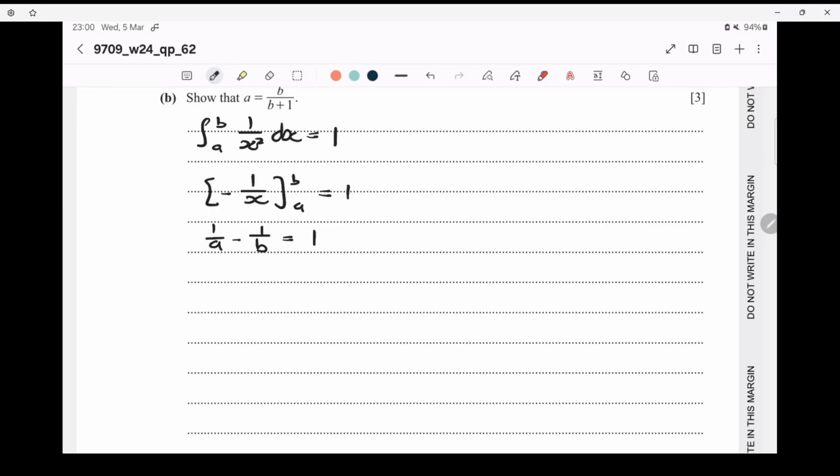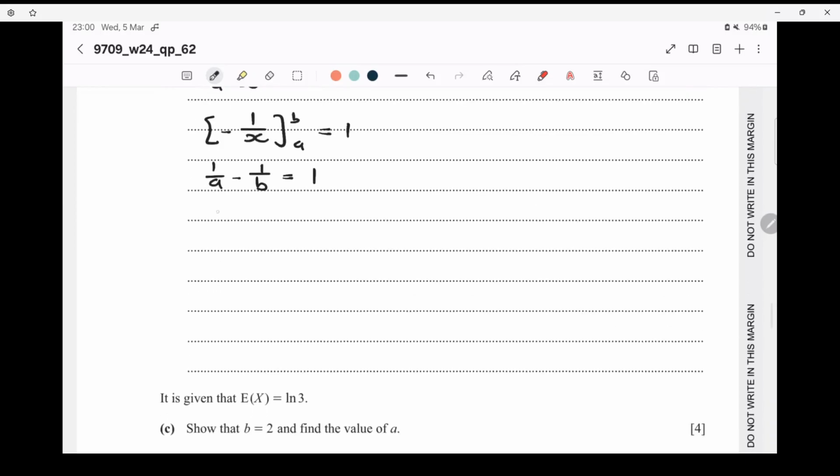So you need to write A in terms of B, so B minus A divided by AB equals 1. Do the simplification. You should be able to do this.